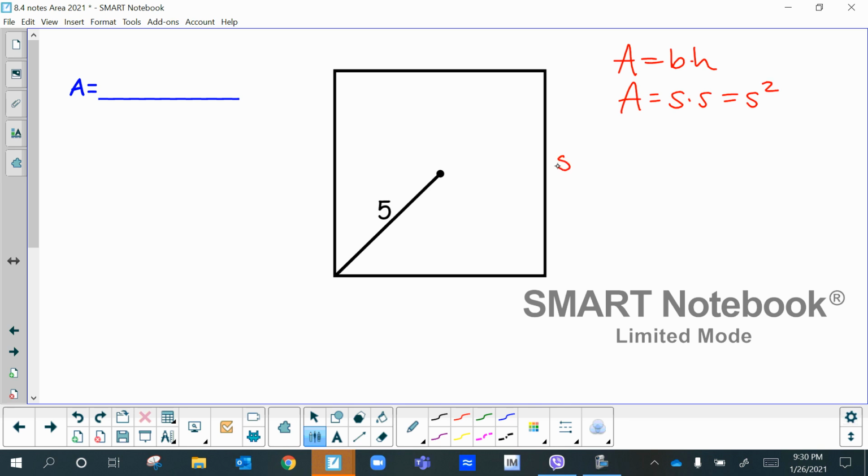So whatever the length of this side is, you just multiply it by itself, or some people consider this the base times height. So you could actually use that formula if you want to. The actual apothem goes from here to here.